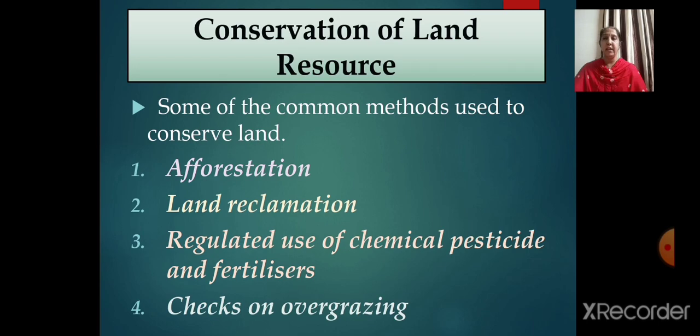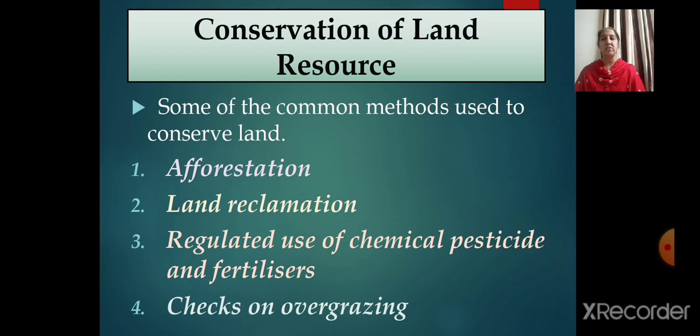The growing population and their ever-growing demands have led to large-scale destruction of forest cover and arable land, which has created a fear of losing this natural resource. So what should be done? Therefore, the present rate of degradation of land must be checked.